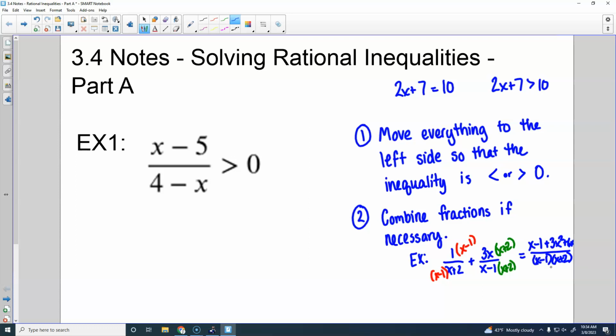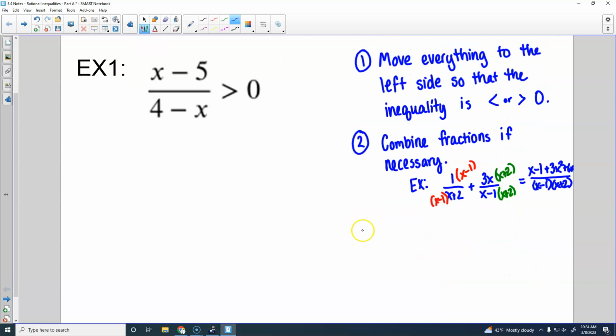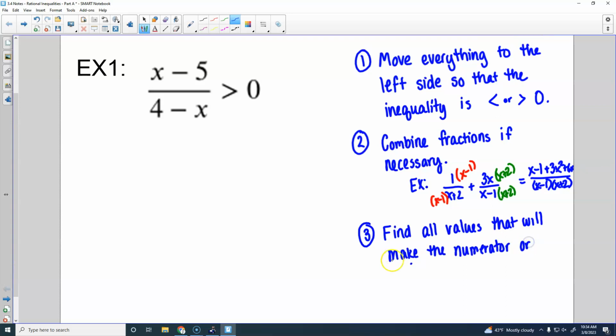Okay? So step 3 is where we're picking up today. Find all values that will make the numerator or denominator equal to 0.